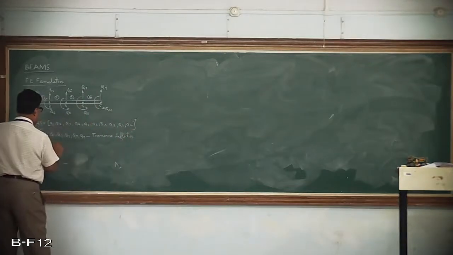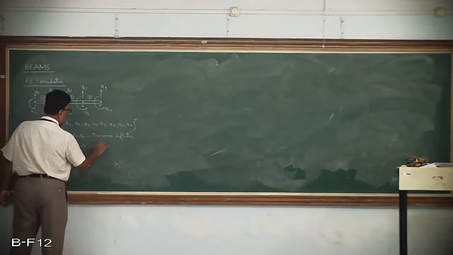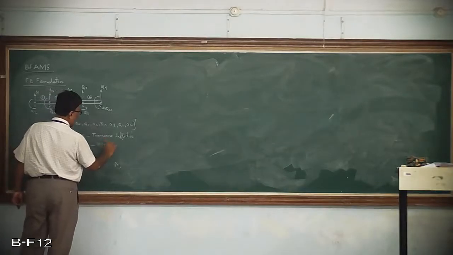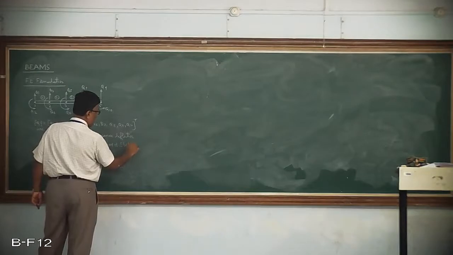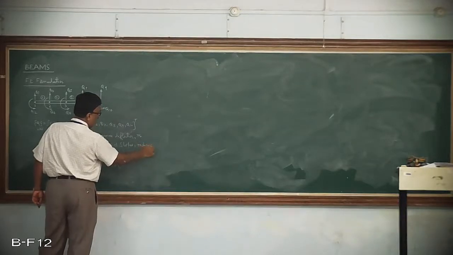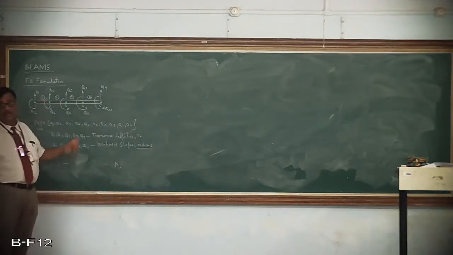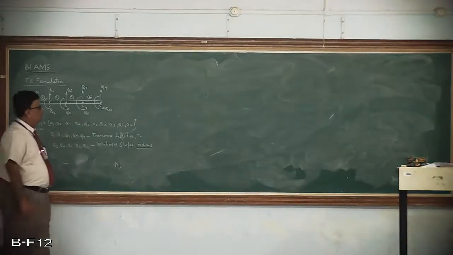Whereas all the even numbers like Q2, Q4, Q6, Q8 and Q10 are the rotations, also called slopes. Please remember the unit of deflection is meter. The unit of slopes is always radians. This is a very important point to remember.